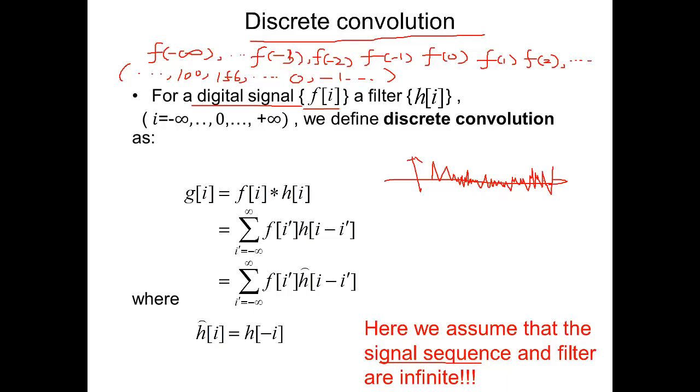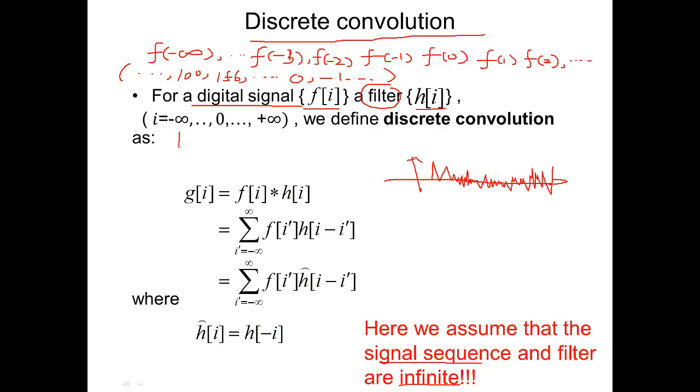You need to remove the noise. So you design a filter, which we call h, then apply h on the signal, then remove the noise. The filter here we also assume is infinite.